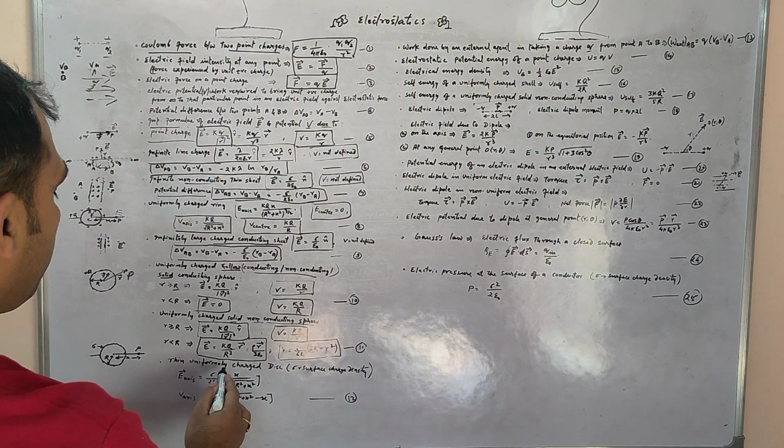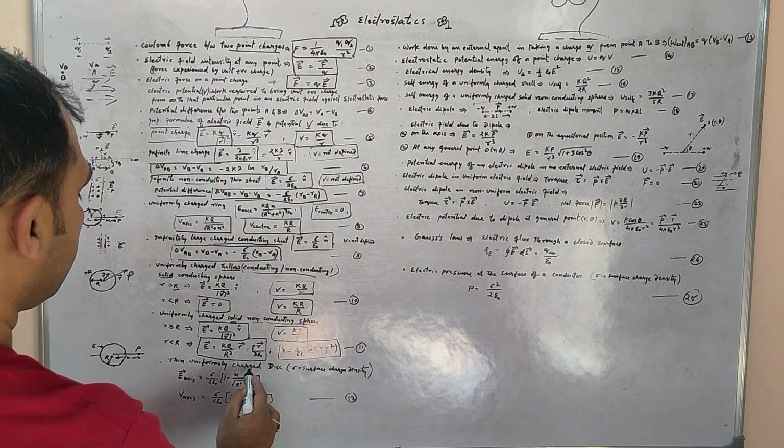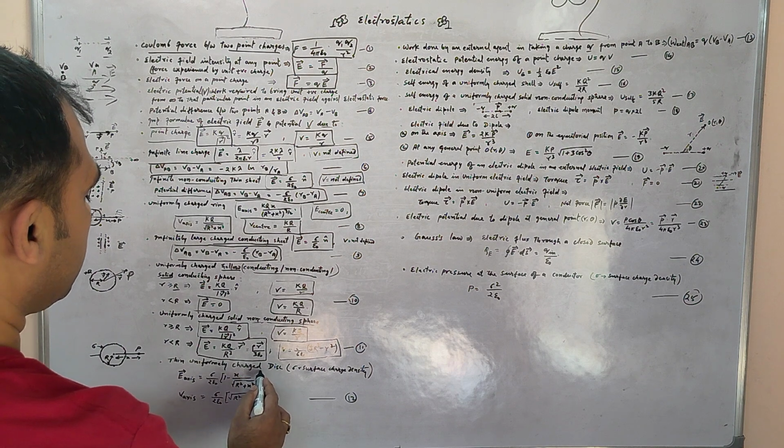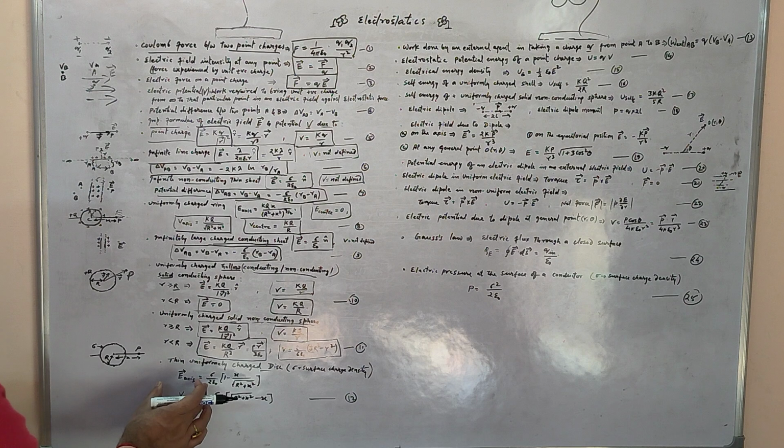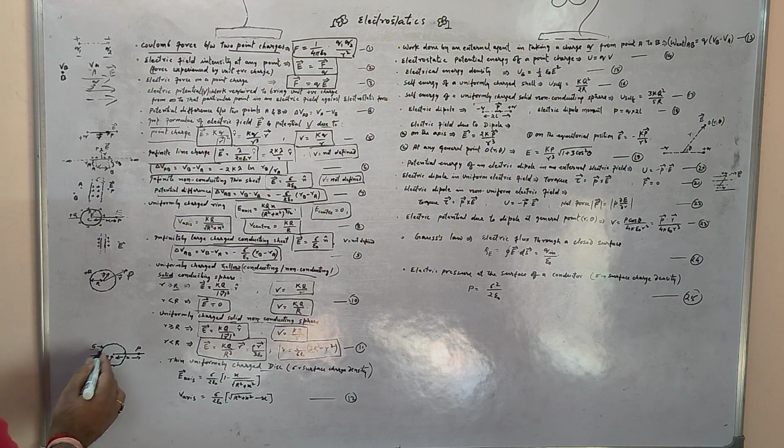Next, thin uniformly charged disk, where sigma is the surface charge density of this uniformly charged disk.